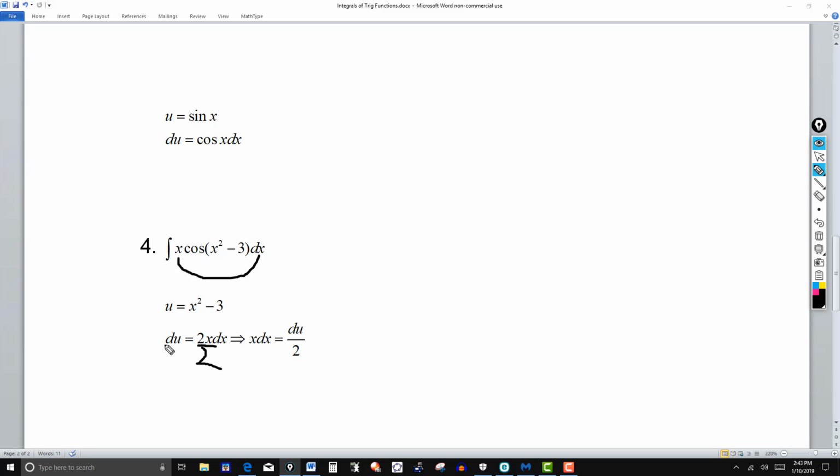So x dx is du over 2. So using that substitution, all I'm doing here is saying this is the antiderivative. The x and the dx are here. They go together, and I'm replacing that by du over 2. And I'm simply going to put the 1/2 out in front. And then this would be cosine of u.